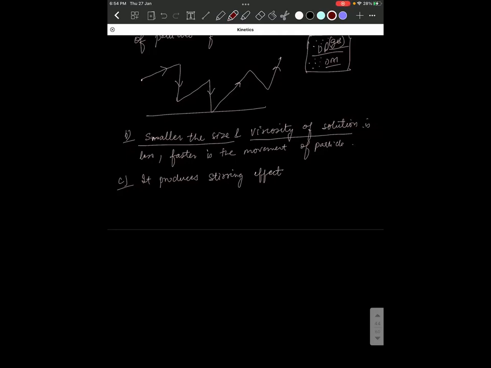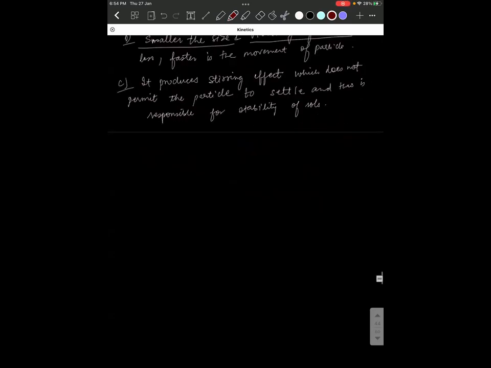So it produces the stirring effect which does not permit the particles to settle down, and thus is responsible for the stability of sol.